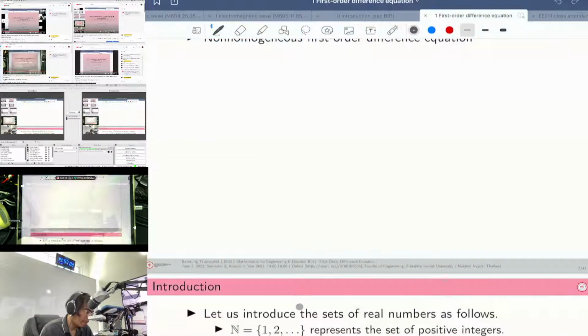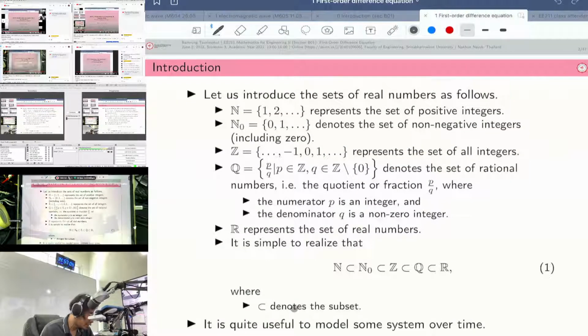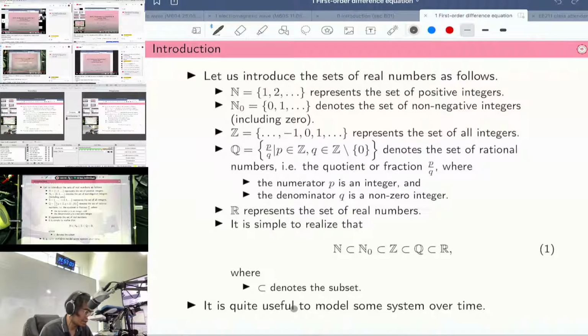Now we will start the introduction. We need to know some basic things, otherwise we could not go ahead smoothly. Let us introduce the sets of real numbers as follows.